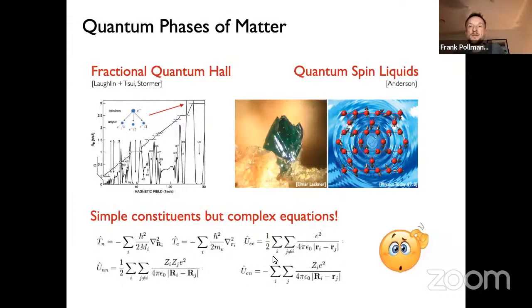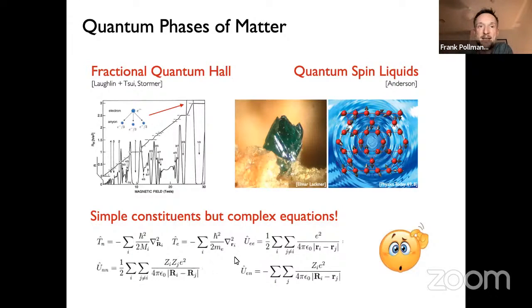So we know how to write down very general equations that, when solved, would tell us if a certain material would become a spin liquid, or form a ferromagnet, or if another material would become a superconductor. All this information is contained in these equations. The only problem, and that's a big problem, is that solving these equations is incredibly hard.